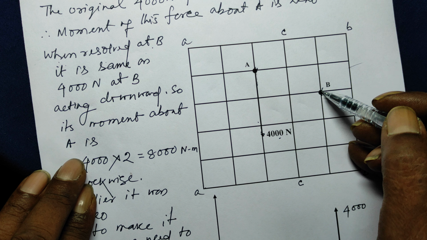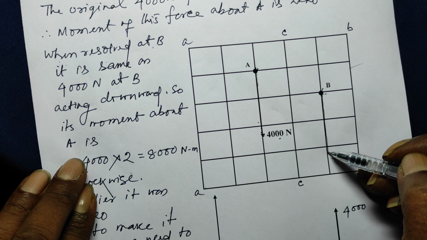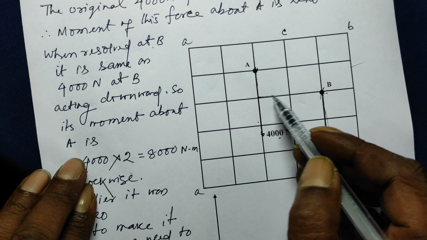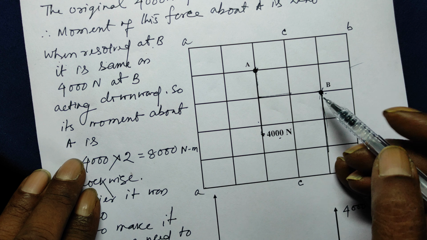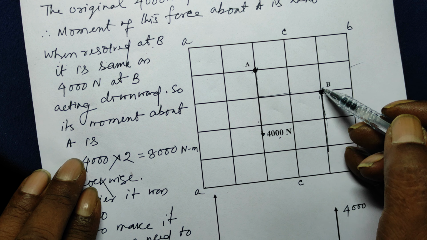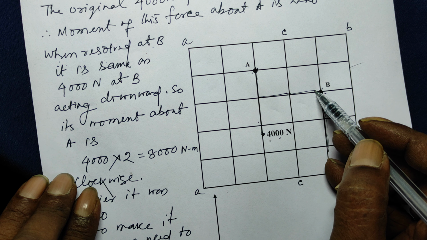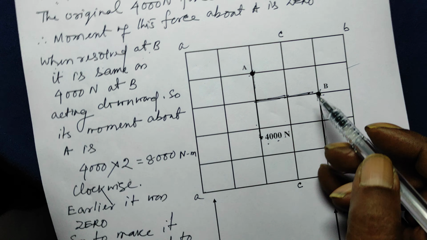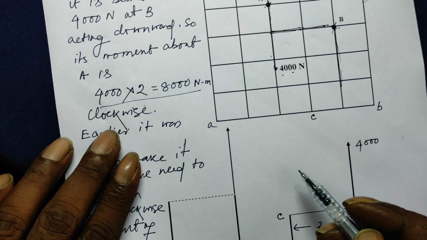The line of action of this 4000, when it is considered here, is at 2 units perpendicular distance. So its moment about A will be 4000 times 2 units perpendicular distance. So it is 8000 Newton meter clockwise.